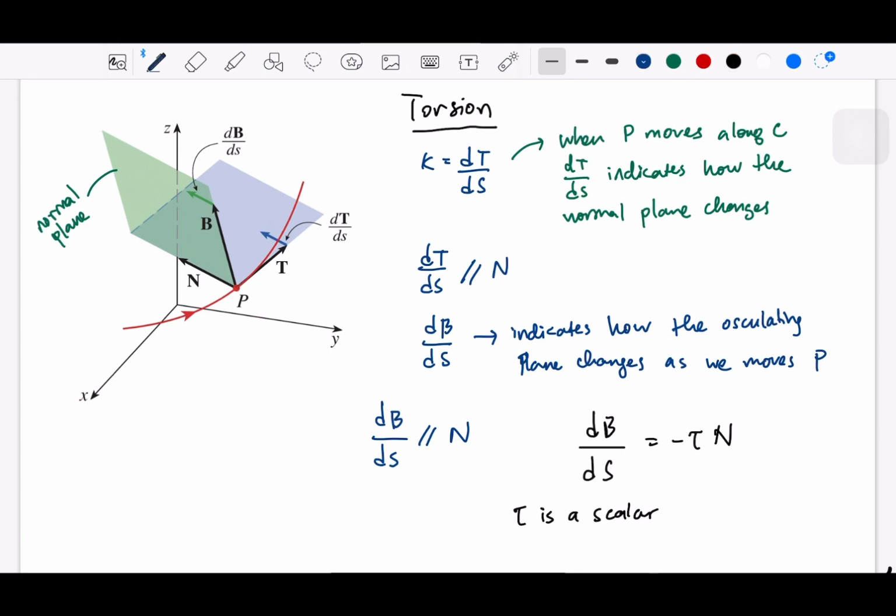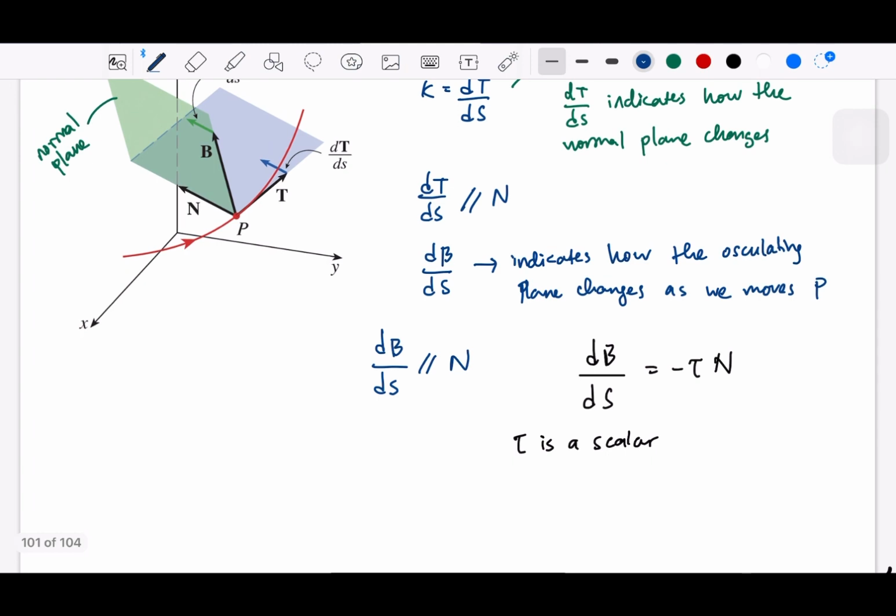And then if we take the dot product with N, so N dot N, assume that N dot N is equal to 1.